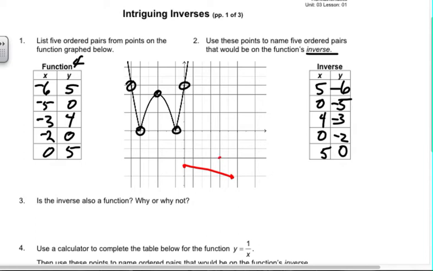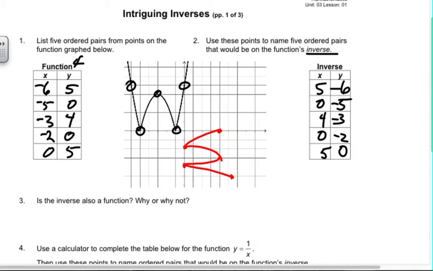Should be right there. And I'm on this curvy part here. And then I've got 0, -2. And the last one is 5, 0. Okay, so there's my inverse.